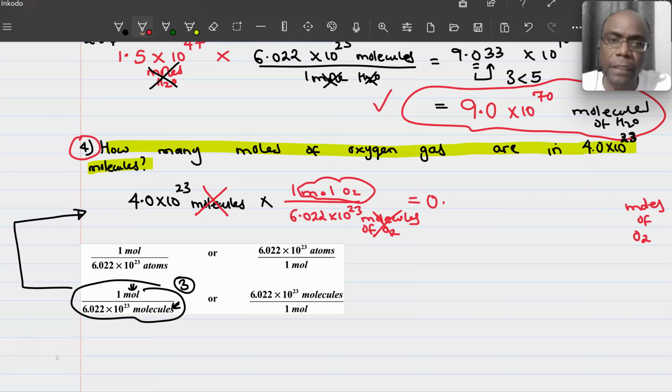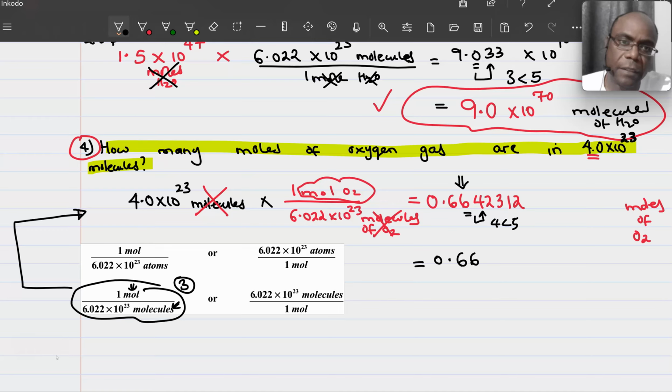So the answer I'm getting is 0.66423, maybe 1, 2. Now we need to report these to two significant figures, which will be this number right here, and that's going to be 0.66, because the 4 is less than 5. I don't need to round this 6 up or down, I just keep it.